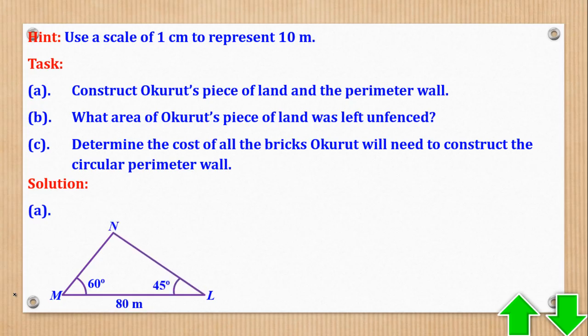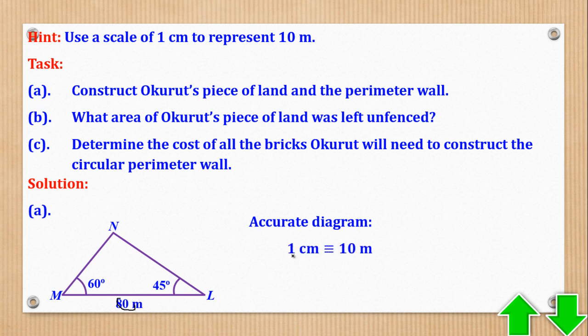So the triangular shape is that, whereby this is 80 meters, 60 degrees, 45 degrees. The length given must be on the horizontal. If there is more than one length, then one of them should be horizontal. Then we shall need a scale so that it can fit, because 80 meters is too big for the answer sheet.